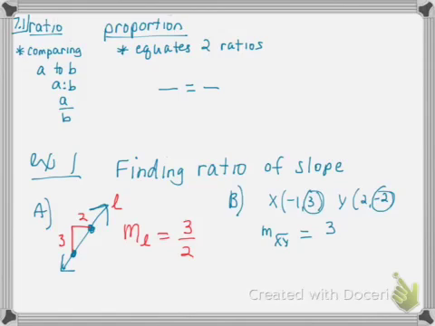The rise is y2 minus y1, and I know I'm not writing the formula down because we've done this a gazillion times, but if you need to, it's y2 minus y1 over x2 minus x1. The bottom becomes a positive 3, and the top becomes a negative 5. So I'm going to get negative 5 over 3 as my slope.